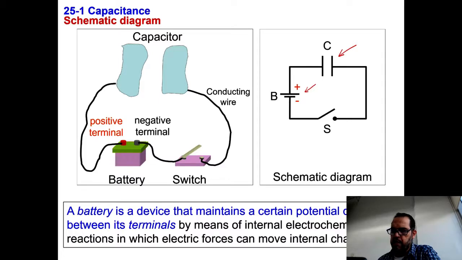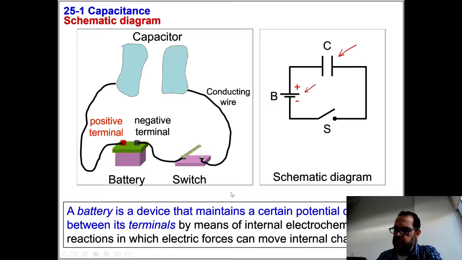Okay, so a battery normally provides a constant voltage, but after using an alkaline battery, for example, after some time, the voltage will decrease, and that's when you need to change the battery to a new one. Okay, but the battery in general maintains a constant potential difference across its terminals.